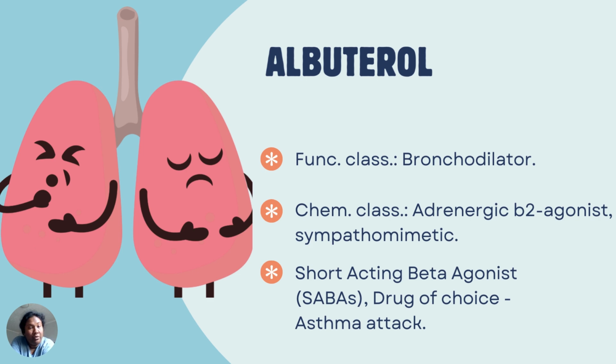It is not sparing the other beta receptor cells, that includes beta 1 cells, which is found in the myocardium. And that's the reason you will find in the upcoming slide why we have the cardiac symptoms when we administer this drug.